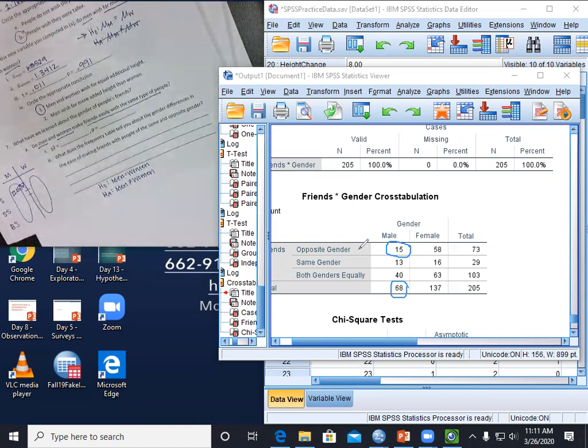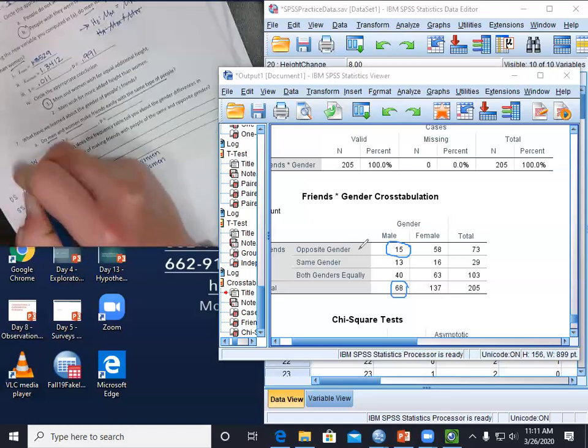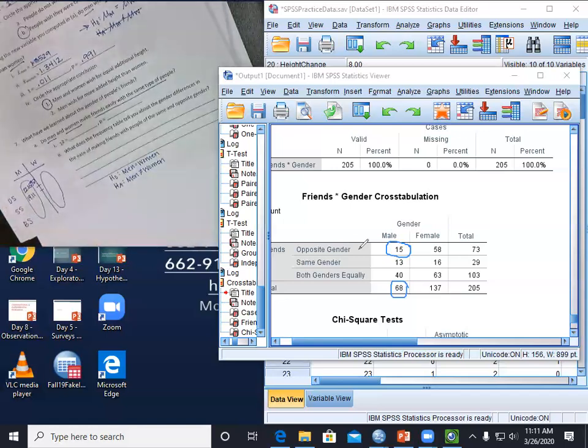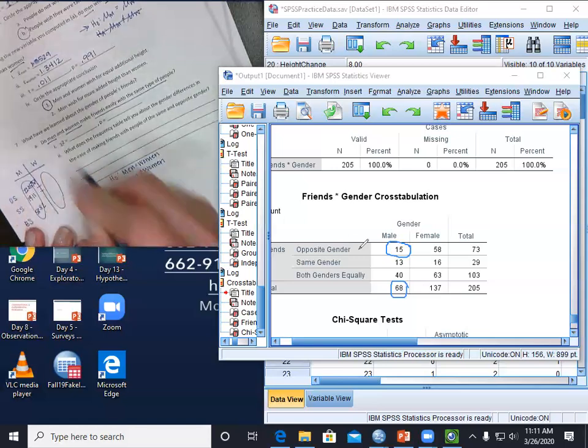13 out of 68 men said that it's easier to make friends with other men, people of the same sex. That is 19.11%. And 40 out of 68 men said they make friends with everyone, which is 58.82% of the men.